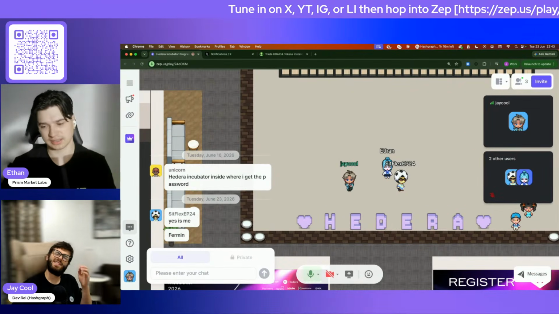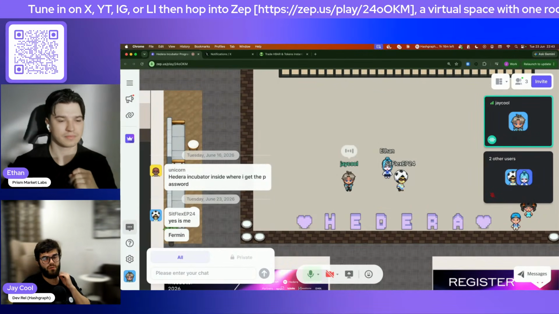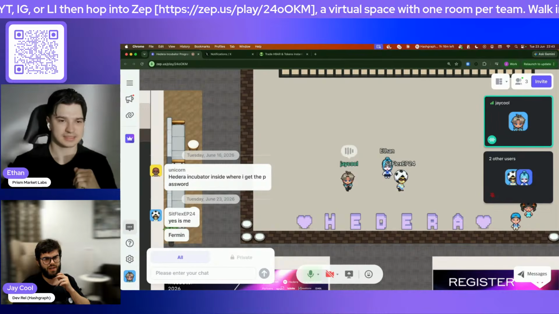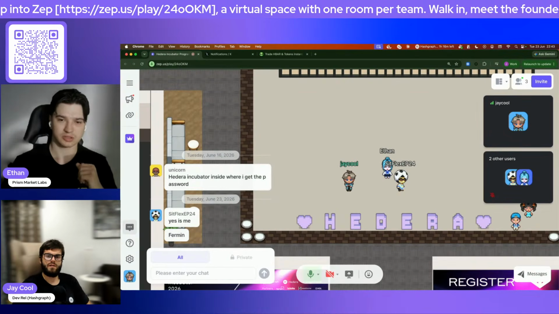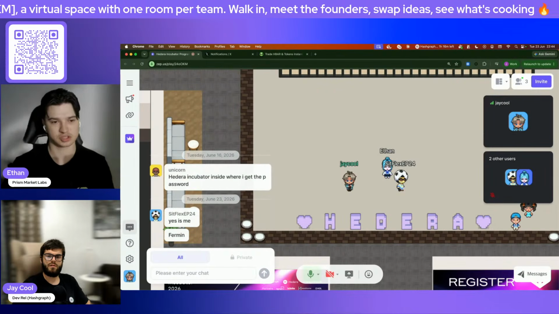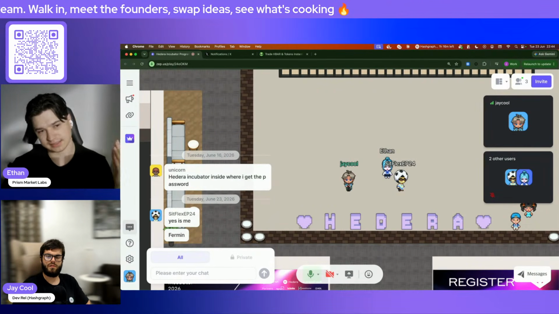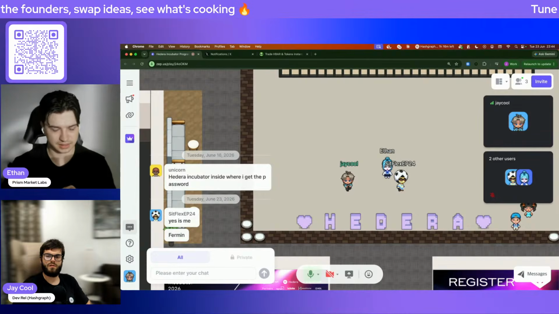Now, is that a similar model to Larry rewards on SaucerSwap? Yes, very similar to Larry rewards. So if anyone here is familiar with SaucerSwap and V2 and how they distribute their rewards, it's basically identical to that model.